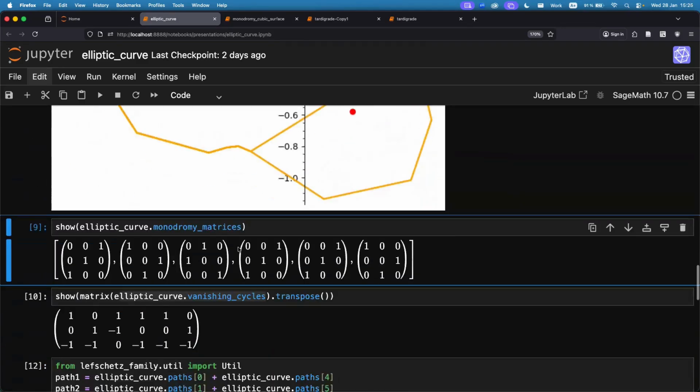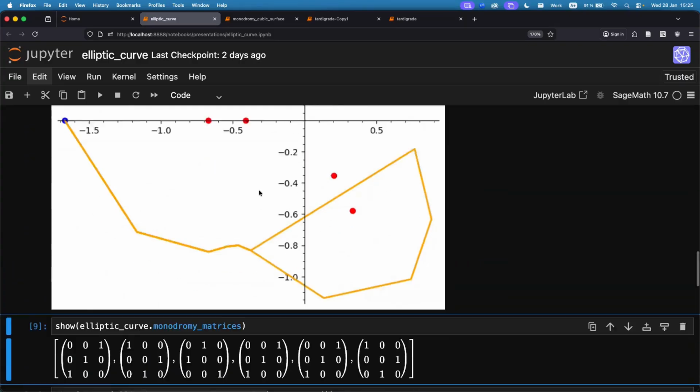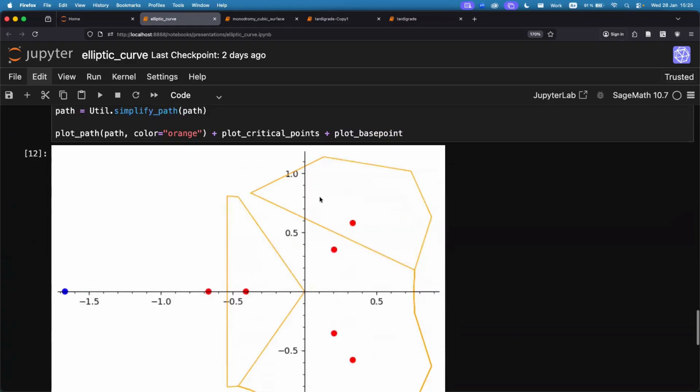The idea is then I have a description of the 1 cycles of my curves in terms of these loops, so for example, the first column here corresponds to the first loop, the second column to the second, third to the third loop, and so on. And then I'm gluing them. So literally, I'm taking the concatenation of these loops, which is how I obtain these. Does this answer your question?